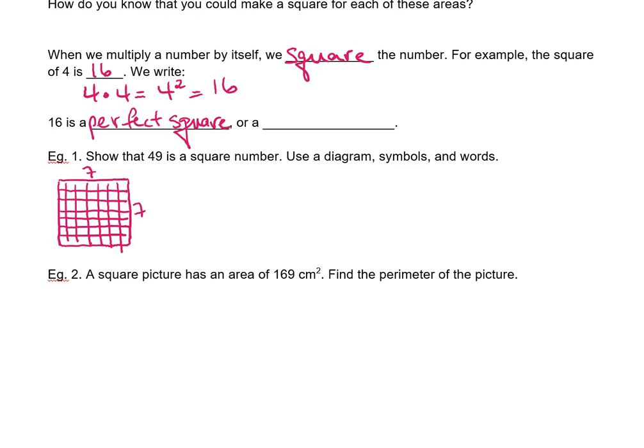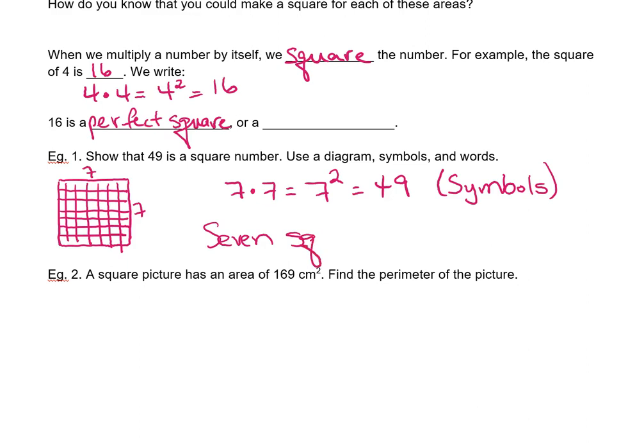So that's our diagram. Using symbols, it would just be 7 times 7, which is 7 squared, is 49. And then words. So symbols, and then 7 squared is 49.